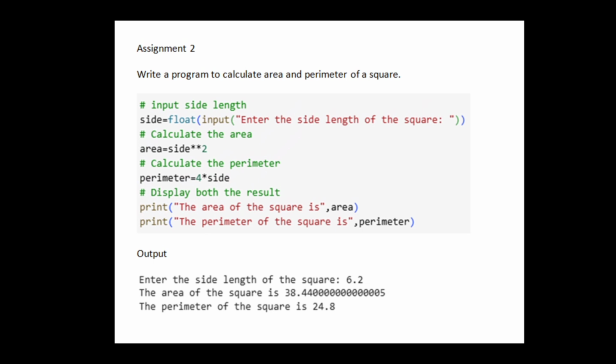After that, we multiply side by 4 and keep the value in a variable called perimeter. Finally, we use two print functions to show the result to the user. Now, if the side length of the square is 6.2, then the area of the square is 38.44 and the perimeter of the square is 24.8. Thank you.